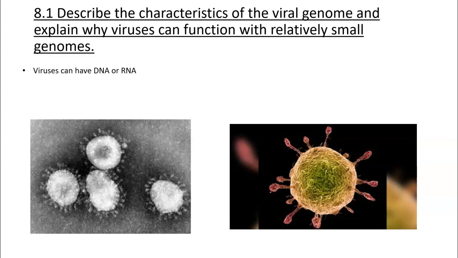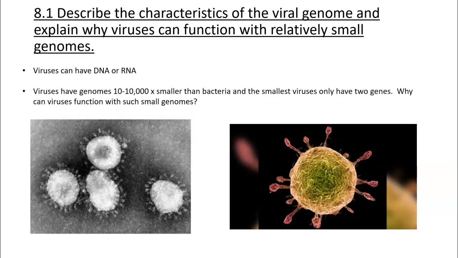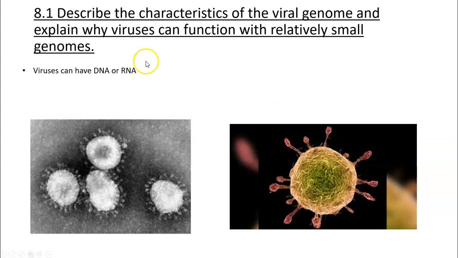The last thing I wanted to mention about general background on genomes and genetic vocabulary like this is to bring in viruses. And so it says, describe the characteristics of the viral genome. Now, remember, we talked about viruses when we talked about acellular pathogens.